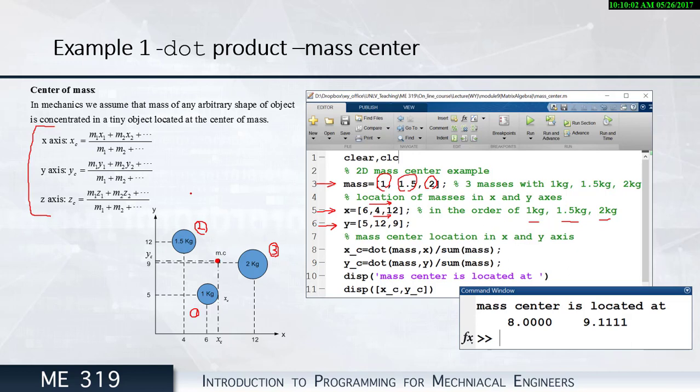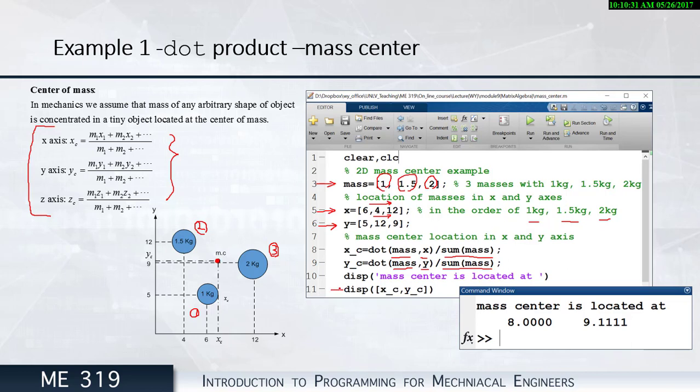So to find the mass center, as you can see here, the numerator portion can be found by the dot product of the mass vector and the x coordinate vector divided by the sum of the mass vector. Same for the y coordinate: the dot product of the mass vector and vector y, divided by the summation of the mass.